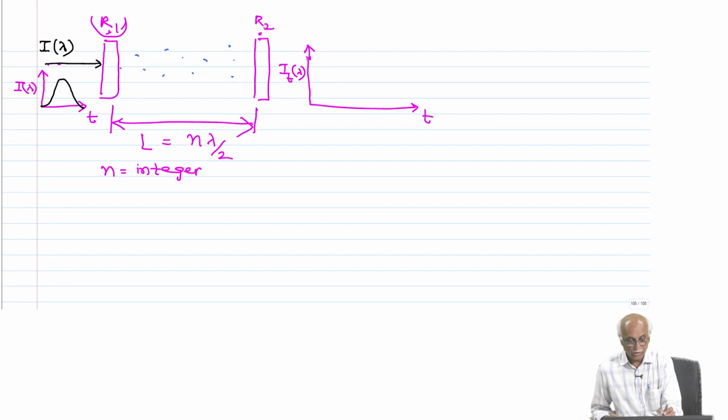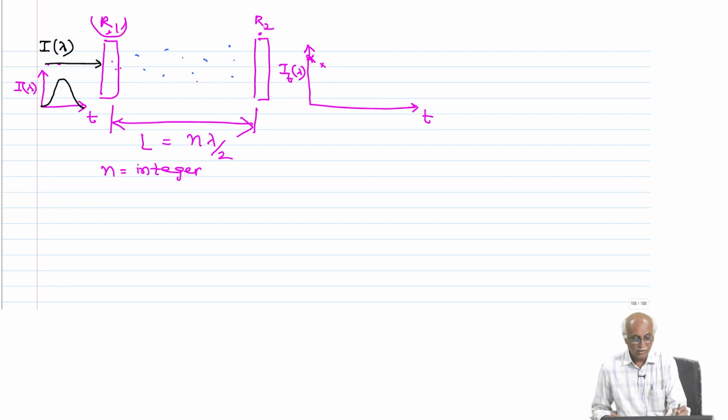The pulse output comes out, and because of the high reflectivity, most of the light gets reflected and only a small amount is transmitted. Then on the second pass, again some part of the light is transmitted and the remaining part is reflected.